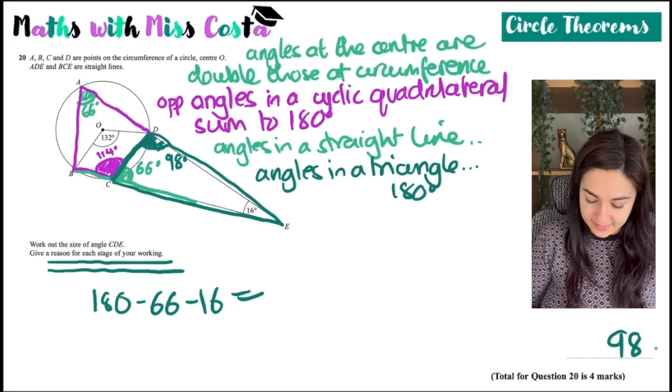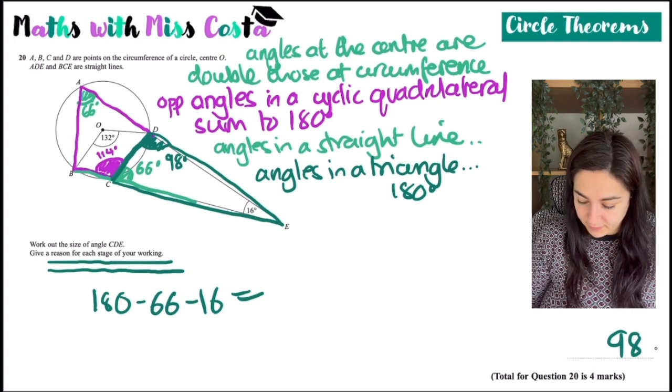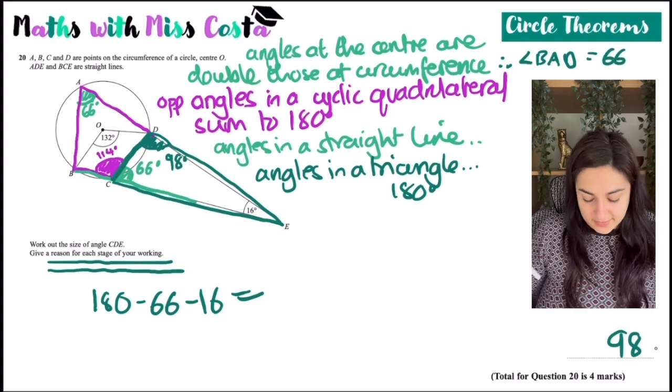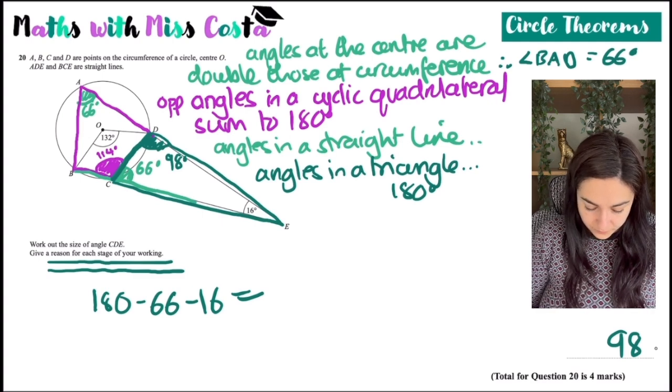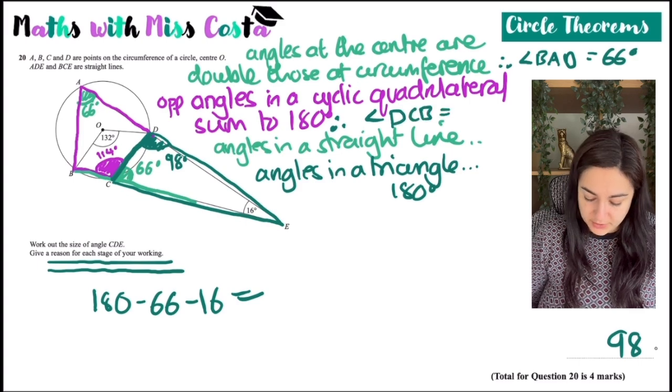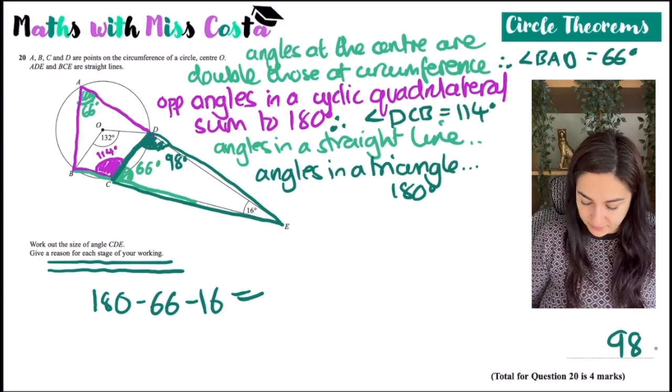So angles at the center double those at the circumference, therefore angle BAD equals 66, and do it that way. I should have done that really. So opposite angles in a cyclic quadrilateral sum to 180, therefore angle DCB equals 114, just to be on the safe side. Yeah.